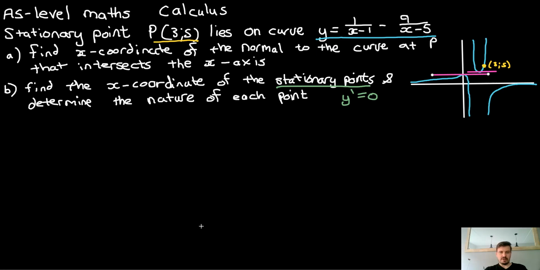All right, so to find the stationary points, we find the derivative of this function and make that equal to 0. So let's first find the derivative. We have y equals that. Now, I want to use the chain rule here, and for the chain rule we need something in brackets to the power of something.